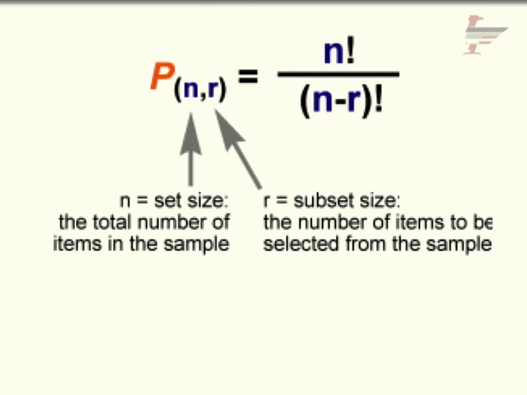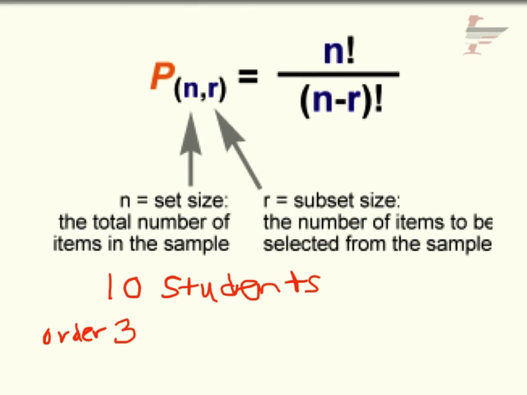So if I had 10 students, and I wanted to know how many ways I could choose president, vice president, like just 3 students, I want to order 3 students. If order mattered, then my notation would be permutation 10, comma 3.